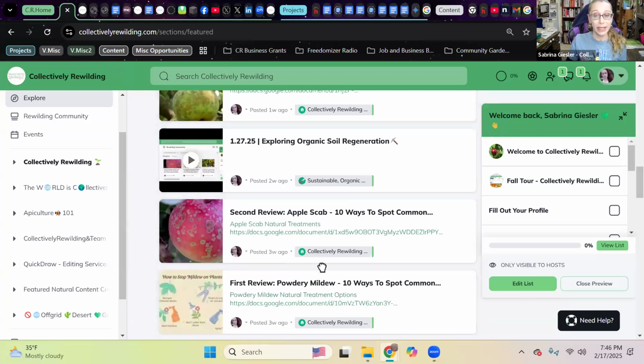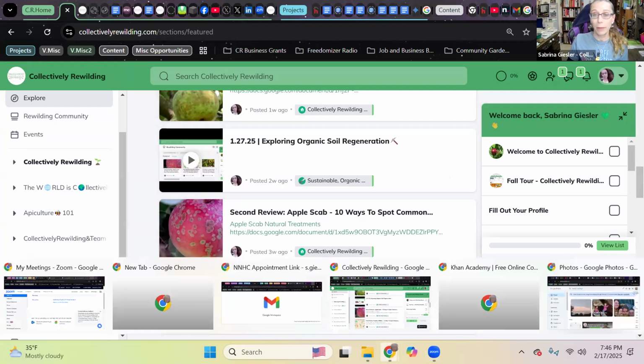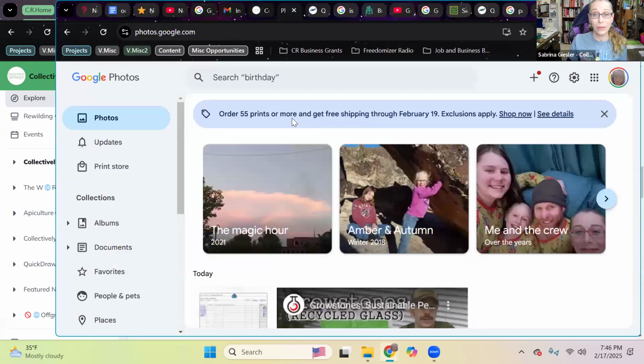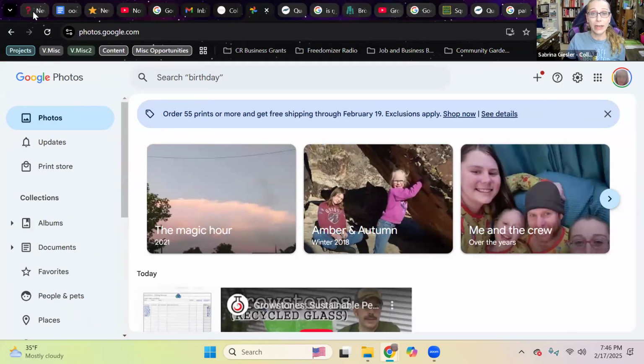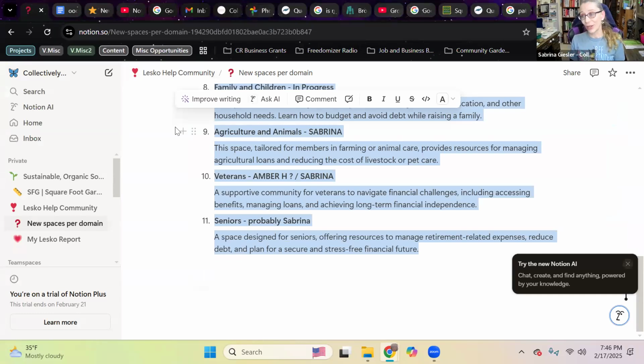And it's very basic. You can't patent recipes. So this is something that anyone can do, anyone can share. It's just not something that the Square Foot Gardening organization is already doing.